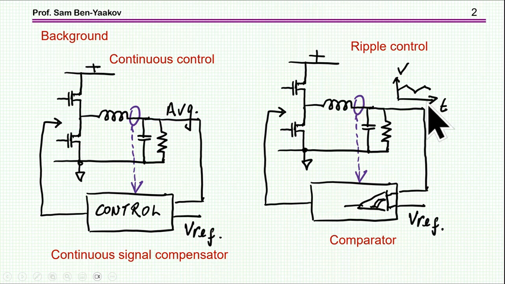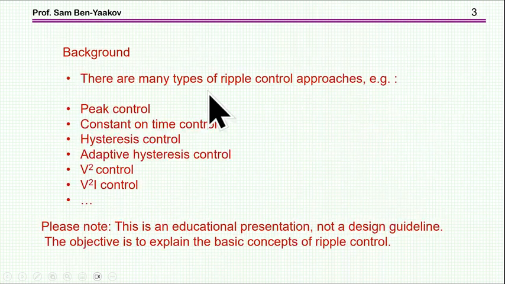Now we can look at the peak, we can look at the valley, we look at the hysteresis, adaptive hysteresis. There are many ways to do it. In fact, I have here a short list of various controls that rely on ripple. Could be peak, could be valley, could be constant on time. This has merits to it, although here the frequency is not constant.